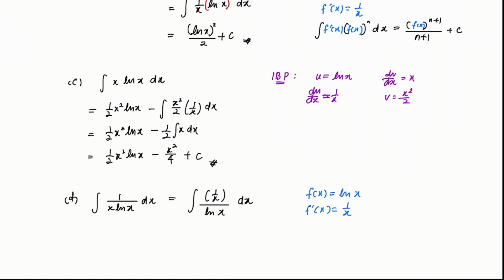So what is the structure of this one? I think you can start to see that actually this is f prime over f x. So how do you integrate this? This one would be ln of f x, the original function, plus c. And because of this, it will give us ln of ln x plus c.